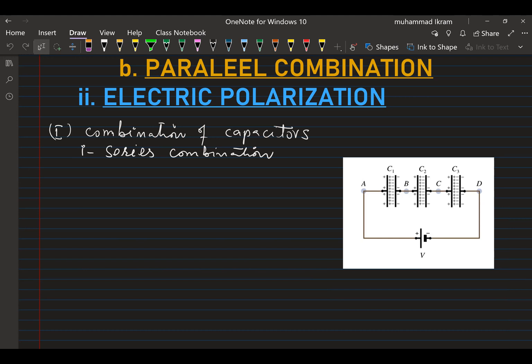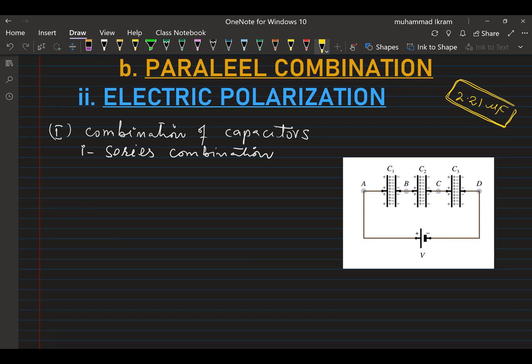For many reasons. The first reason is, for example, if you want to have a capacitor of 2.21 microfarad in your calculation, maybe the industry is not going to manufacture this kind of capacitor for you. Why?